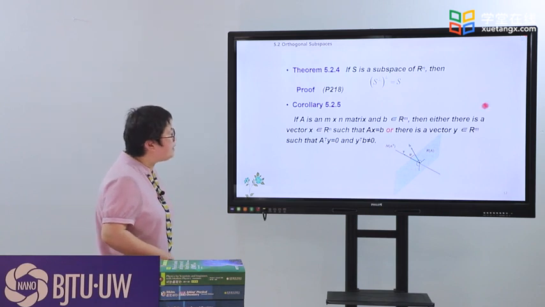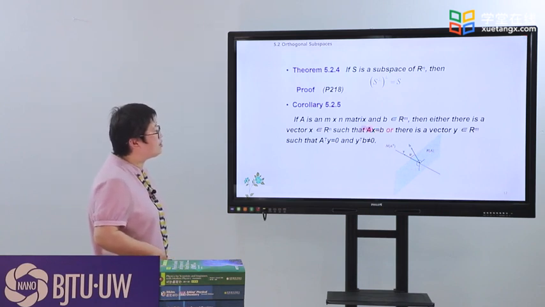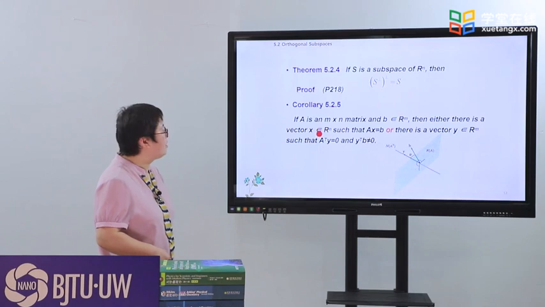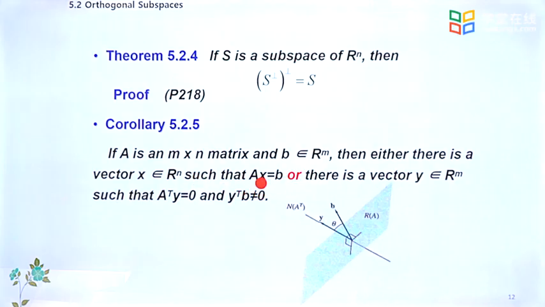If b is in the range of A, of course there exists a vector x belongs to R^n such that b can be written as a linear combination of the column vectors of A. So b = Ax. This is the first case, b in the range of A. The other case is that b is not in the range of A. If b is not in the range of A, then there is a vector y belongs to R^m such that A transpose y = 0.